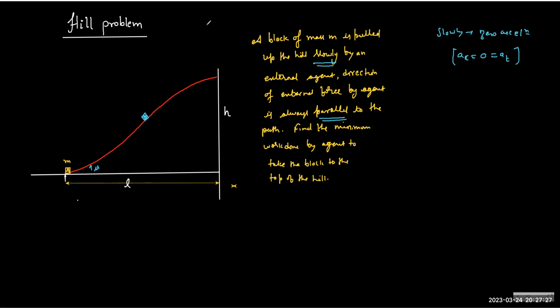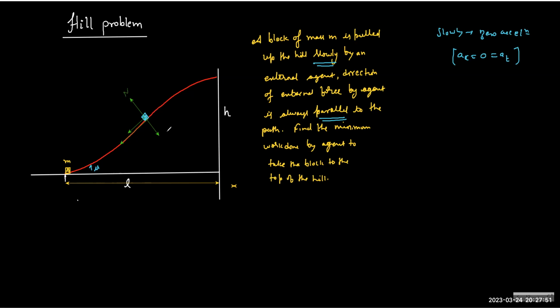So what are the forces? What will be the forces on this block? So I can directly draw a force like this. I'm just resolving the component as well. And down the plane, there are two forces. One is gravity, another is friction.